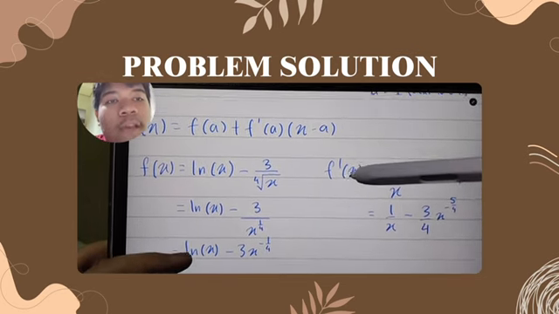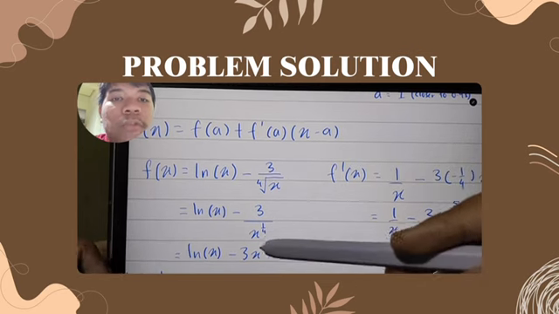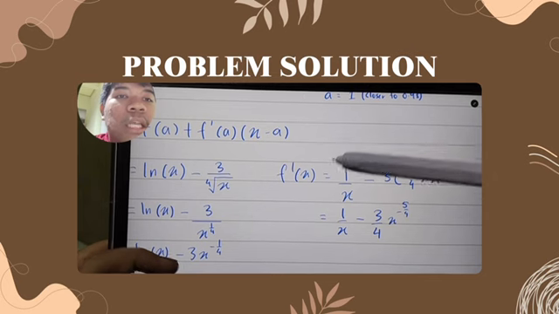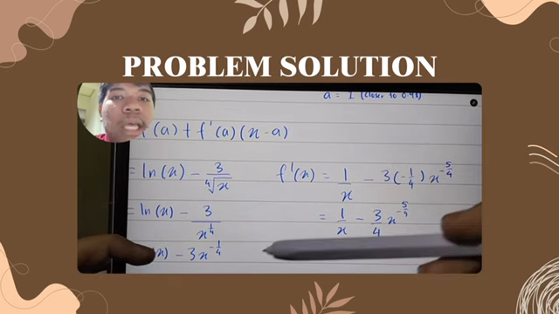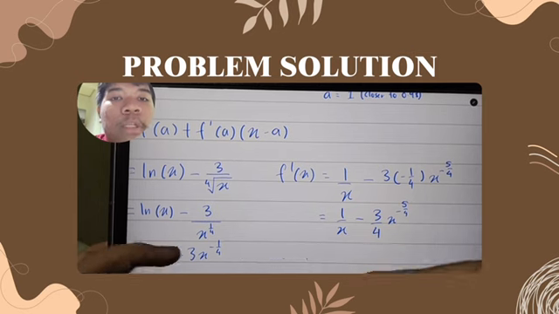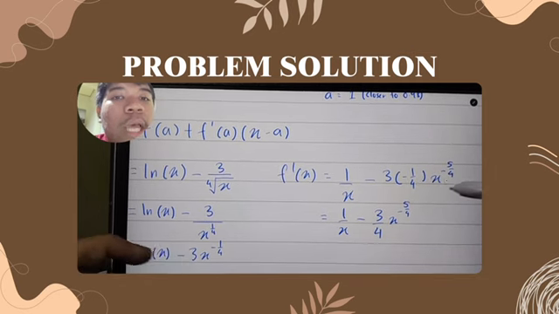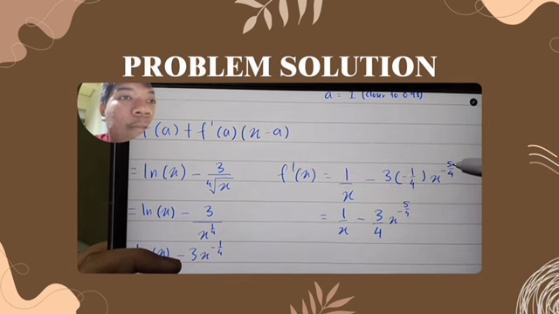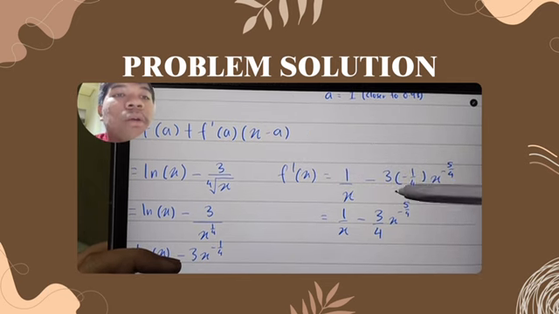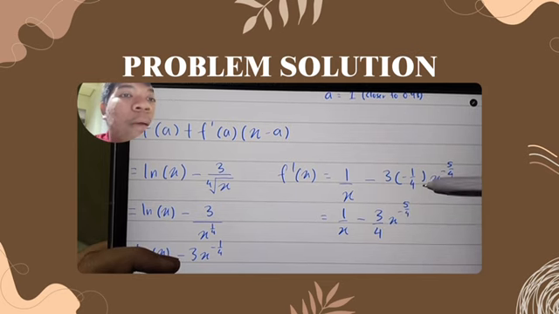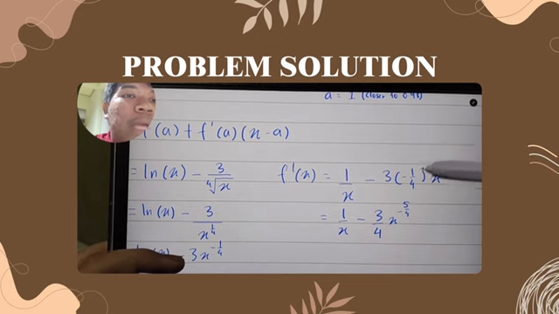So to find the f'(x), we need to differentiate this equation. ln x, differentiate, it becomes 1 over x, and for negative 3x, we bring this negative 1 over 4 down, times x to the power of negative 1 over 4 minus 1, which is negative 5 over 4. So if we multiply this, we get negative 3 over 4 x to the power of negative 5 over 4.